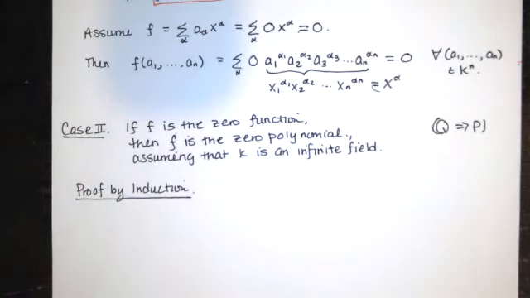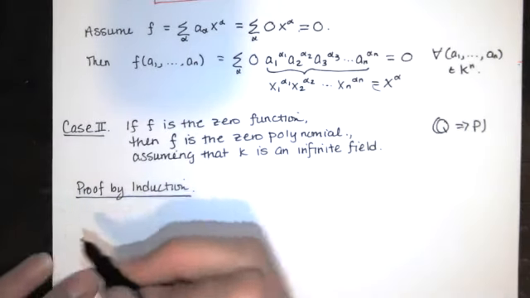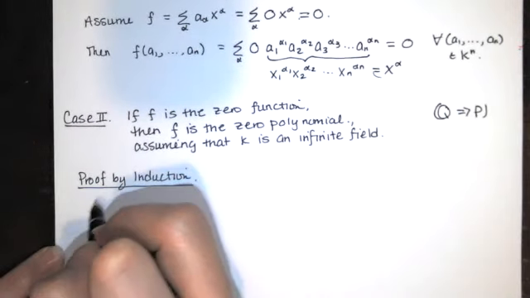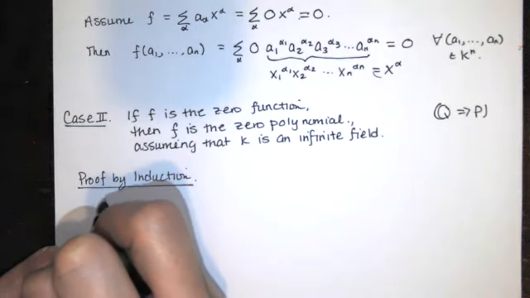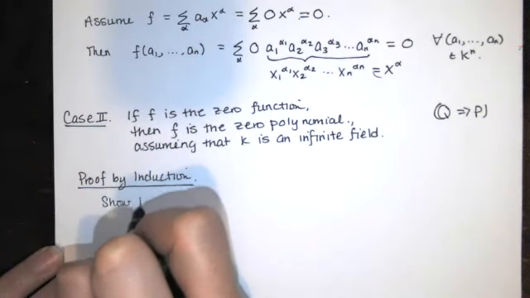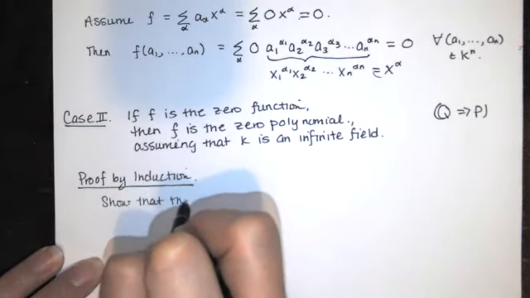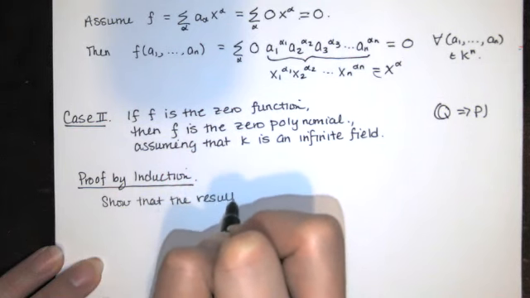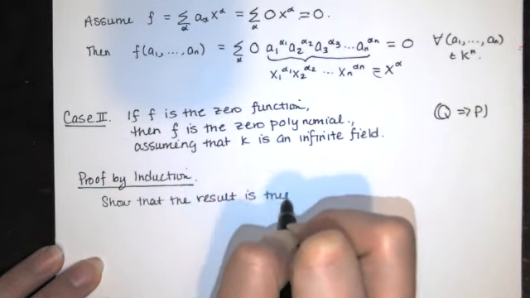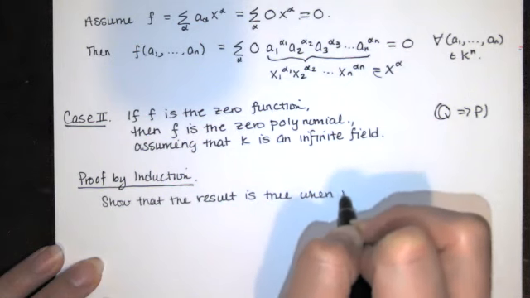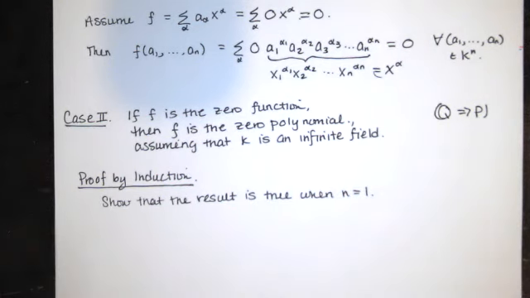So we're going to start with that. And I'm actually going to cheat a little bit here, because I'm not going to prove that it's true for n equals 1. I'm just going to appeal to what you know, appeal to your intuition.